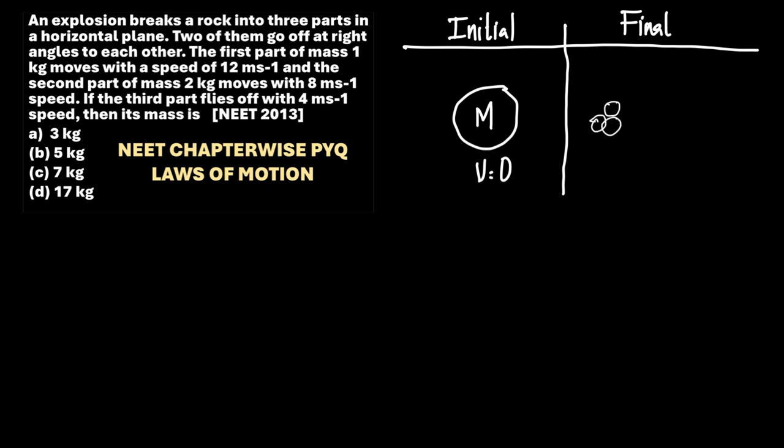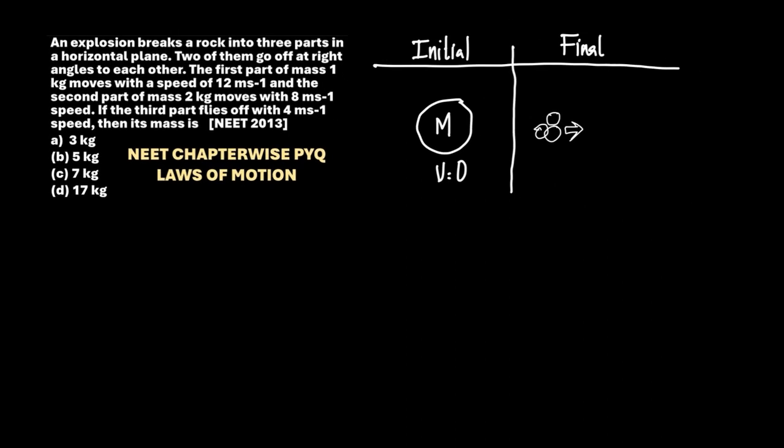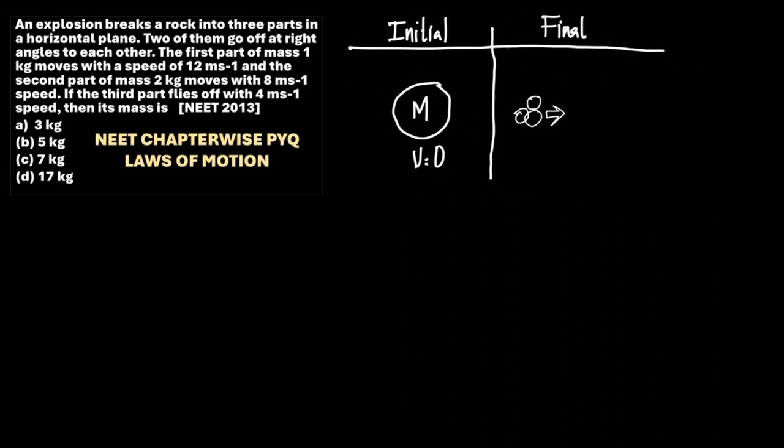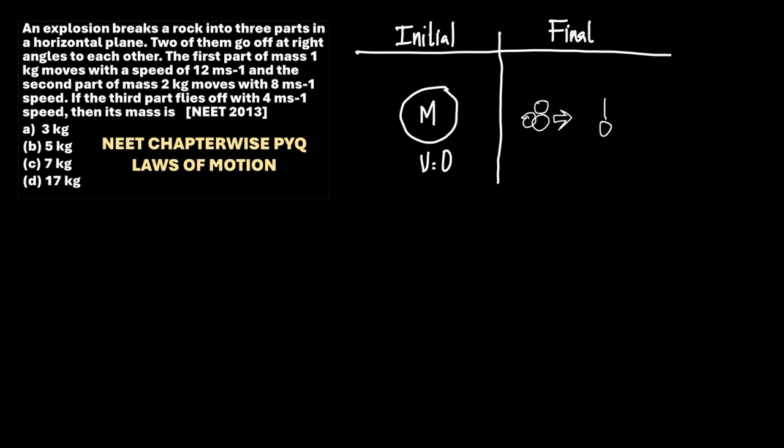This exploded into three parts, and one part out of this, suppose, goes like this, and the other part went in the perpendicular direction, and the third one could move in any direction. Now see, one problem with this question is it has not been given which axis it's going in at right angles.